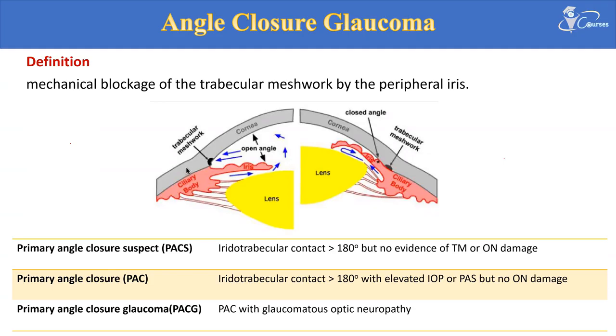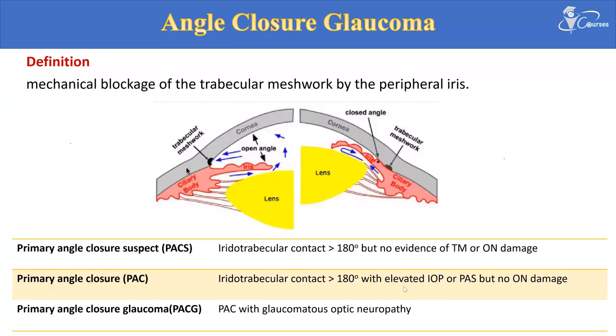Someone of you asked me last time, how can we define a suspect? In angle closure, we have a clear definition for a suspect. This is a person who has iridocorneal contact more than 180 degrees, but no problem in the trabecular meshwork or the optic nerve damage. He will be entitled primary angle closure if he has iridotrabecular contact more than 180 degrees and high intraocular pressure.